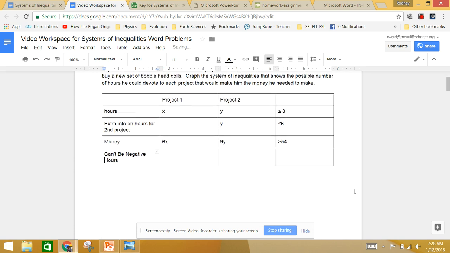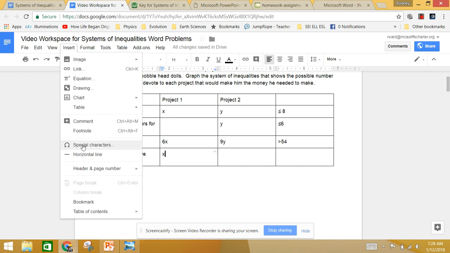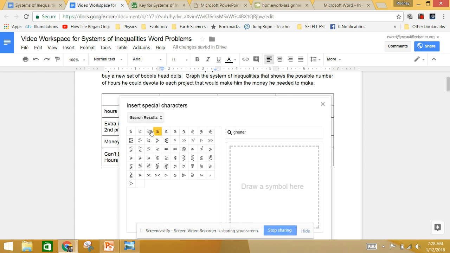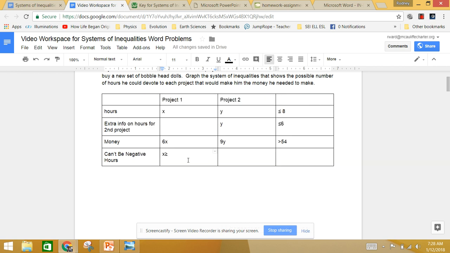So we also probably can assume that X has to be greater than or equal to, I'm going to go ahead and insert that symbol again, greater than or equal to 0. So X has to be at least 0, and Y also has to be at least 0.